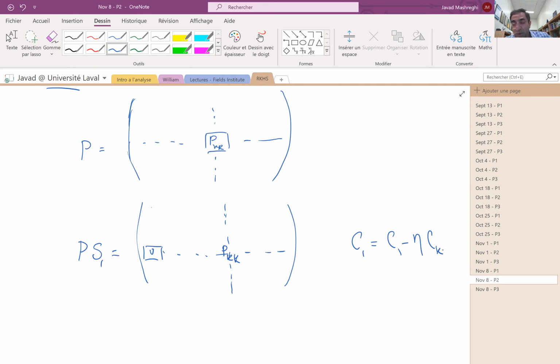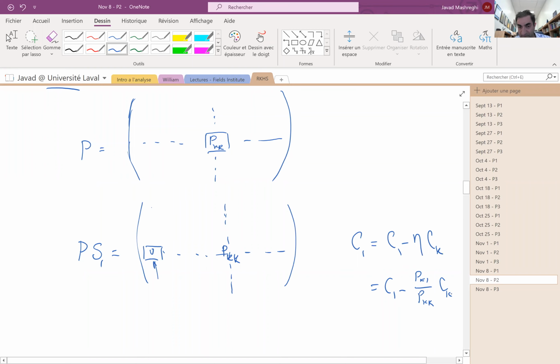So the new C1 is the old C1 minus eta times CK. And eta is adjusted such that when we do the operation, the result here is equal to 0. It's easy to see that it has to be C1 minus PK1 divided by PKK times CK. That's the operation we need to do.